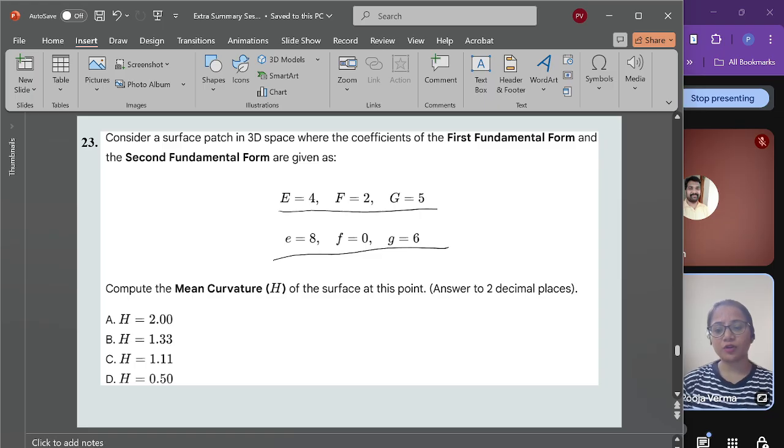So how can we calculate the mean curvature from the first fundamental form and second fundamental form? Have you remembered that formula? Okay.